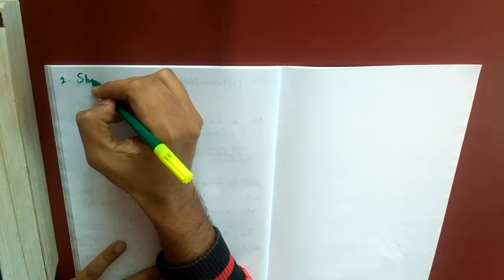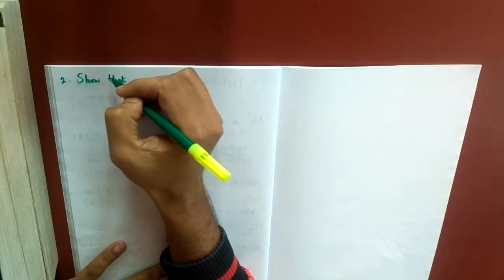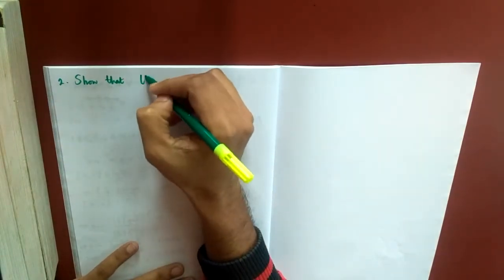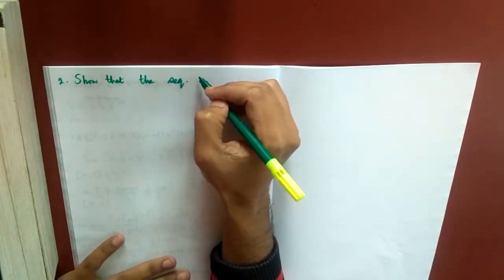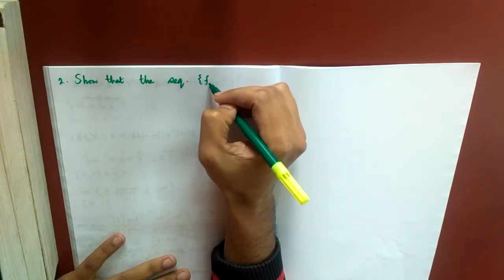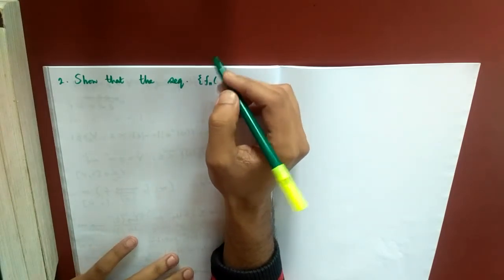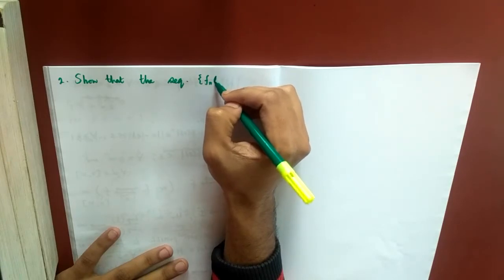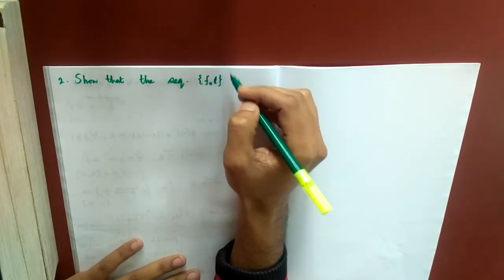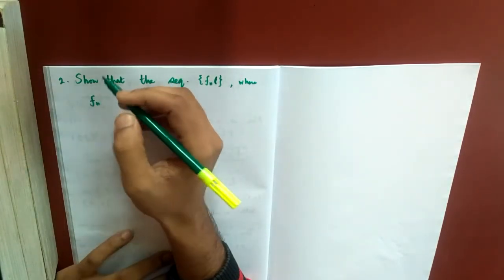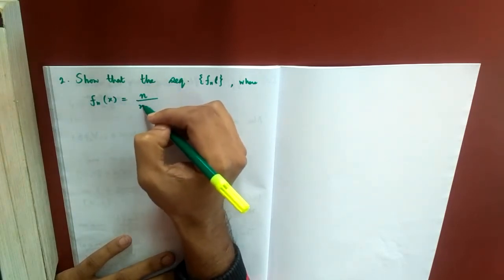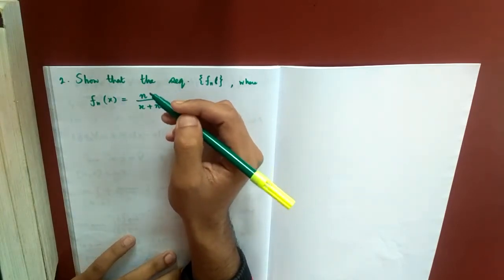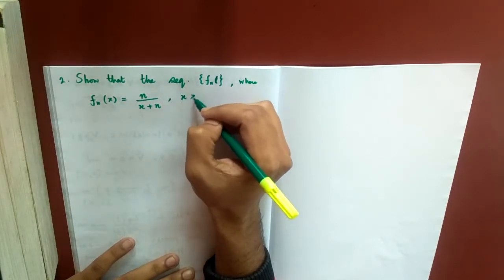Show that this sequence f_n, where f_n(x) is n by x plus n, for x greater than or equal to 0.